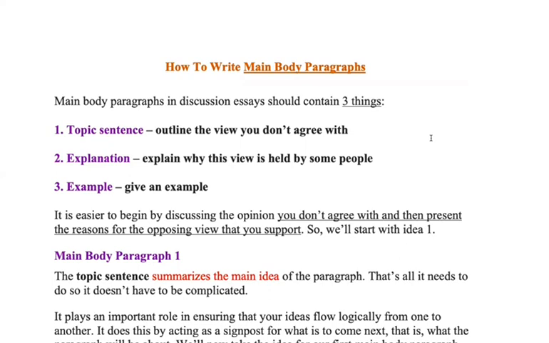But as I said before, I prefer to start with the view I disagree with. Then explain why some people hold this view, or why this view is held by some people. And then give us an example.